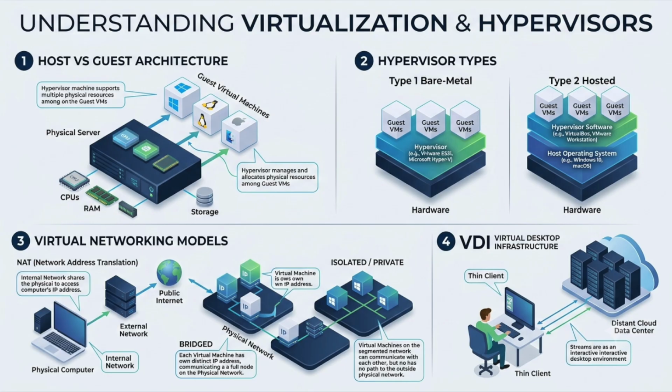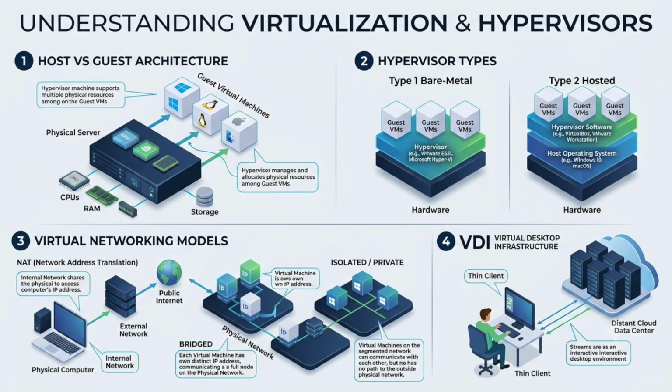Meaning it sits directly on the hardware. There is no underlying Windows or Mac operating system acting as a middleman. Exactly. You take a brand new physical server, you turn it on, and the very first piece of software you install on that blank hard drive is the hypervisor itself. So it is the operating system. It acts as the primary OS, yeah. Because it communicates directly with the physical hardware, it is incredibly fast and efficient.